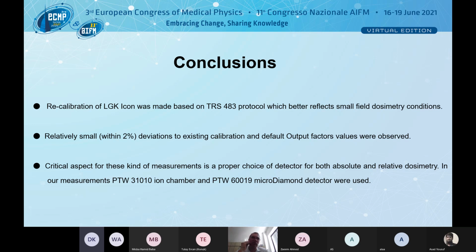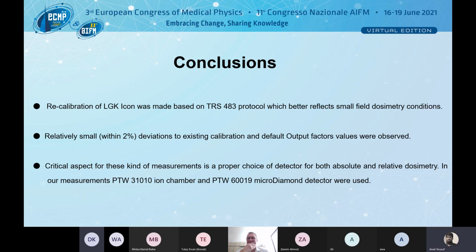I am not sure about dynamic treatments like small conformal arc treatments; I don't think it's ready yet. But for FFF beams, as much as I know, people are using it already.